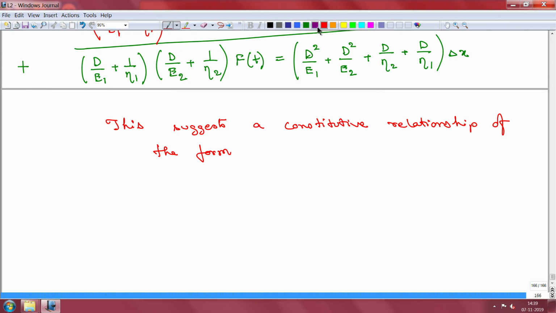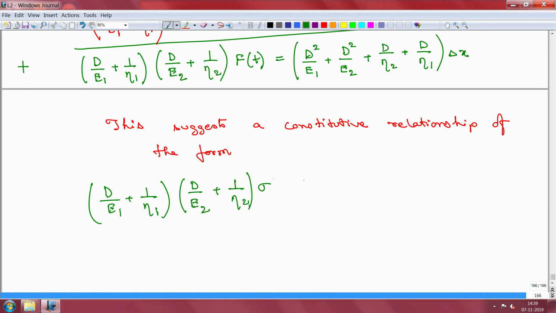So, we can replace the F with the stress. So, I am just writing the prefactors once again and then you have the stress here and then you have this. Sorry. Now, I will replace the displacement with epsilon.